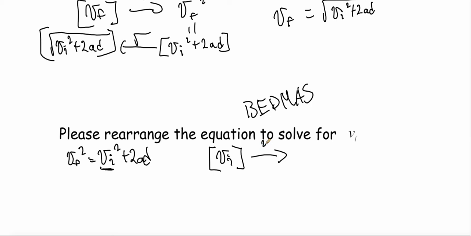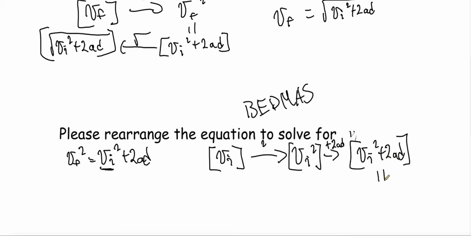So we are squaring it. So I get, okay, next thing we are doing is we are adding 2AD. And this is equal to VF squared.